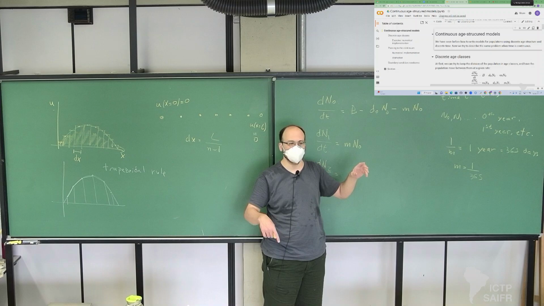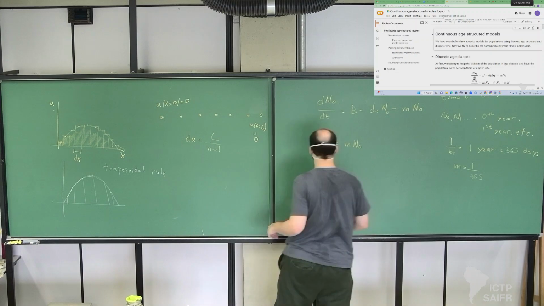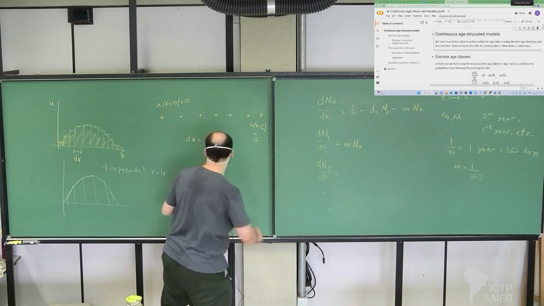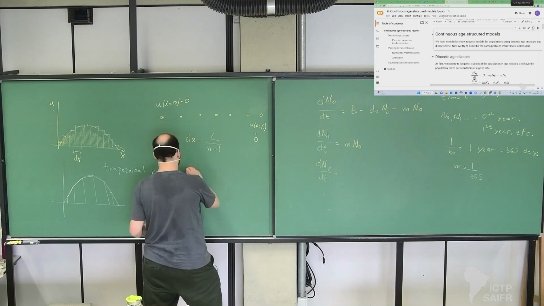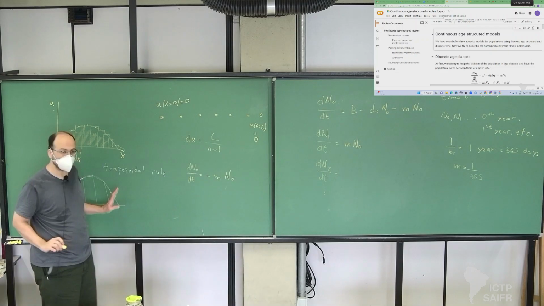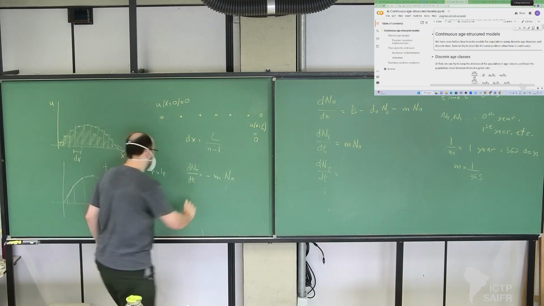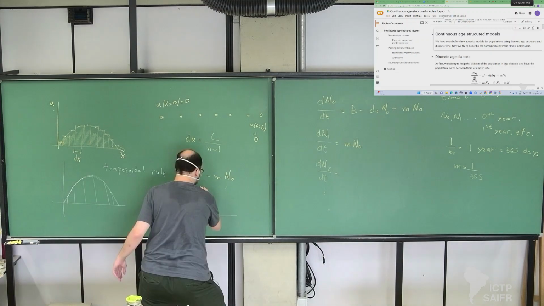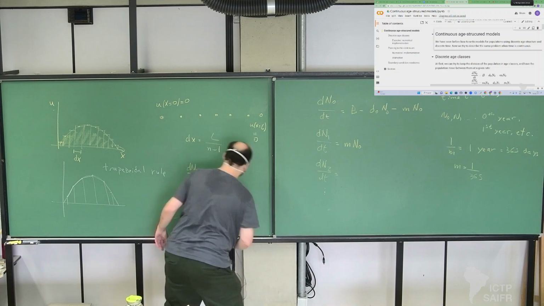So you see, if you just have this equation over here, let me put it in this way, right? If I have just this, what is the solution for this? It's an exponential. I have the initial population here. This decreases exponentially, goes to 0.